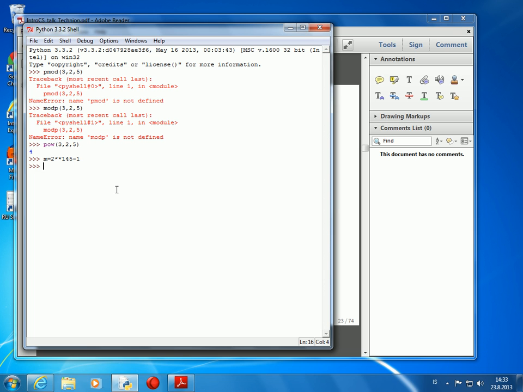Okay, this is m. So I want to check if this m is prime or not. Let's just convince you that m is a large number. It's reasonably large. I could do 1,000, it doesn't really matter. Okay, so now I want to check if this is a prime or not.